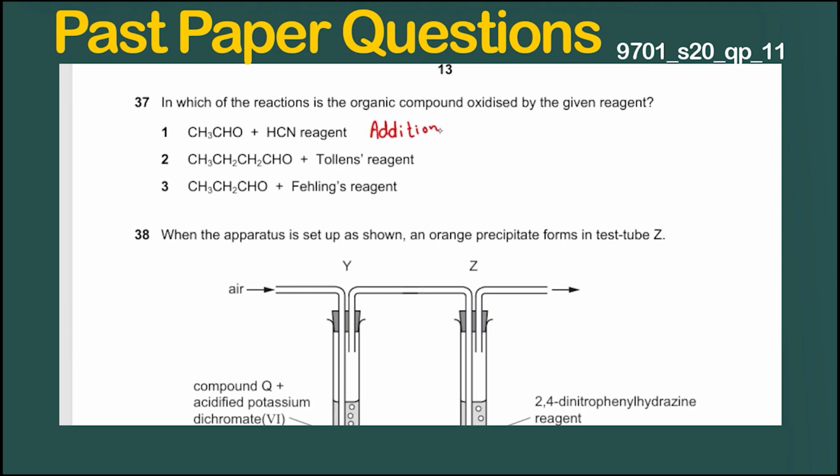Oxidation does not take place here. Second statement, this is aldehyde, Tollens reagent and Fehling reagent. Beta ji, remember this. These are weak oxidizing agents which can do oxidation for aldehydes but not for ketones. So both reactions are possible in which aldehyde can oxidize. So second and third statement is correct. So that's why C must be your answer.